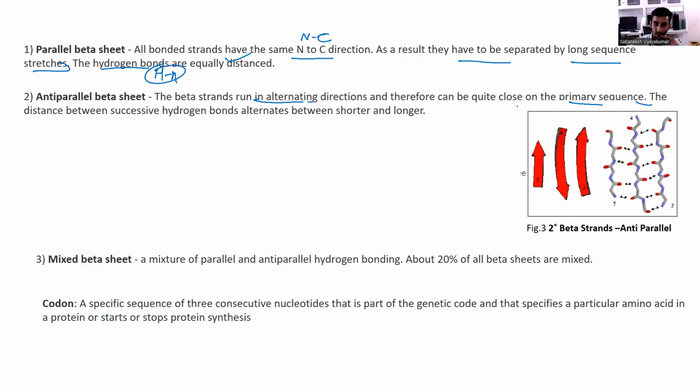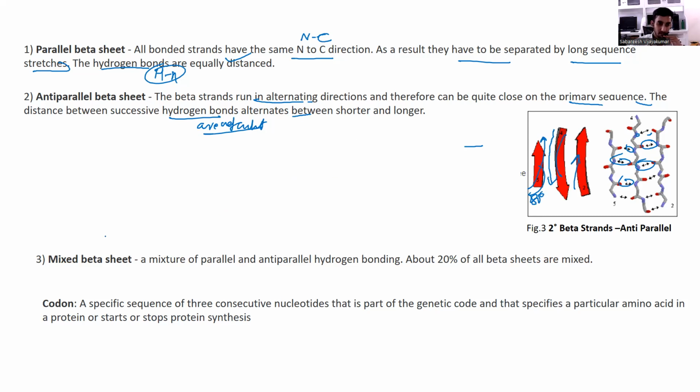You can see the distance between successive hydrogen bonds is not constant, and they alternate between shorter and longer: short, long, short, long. And the arrangement you can see here is an anti-parallel arrangement. This one is in the top direction and this one is in the opposite. Anti-parallel, there is a 180-degree shift between their arrangement.